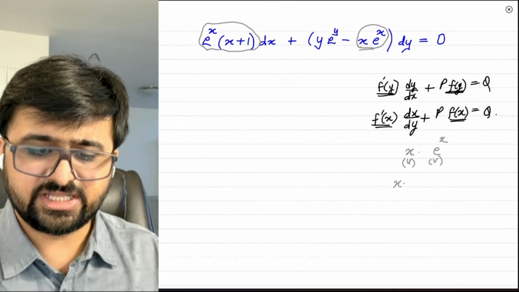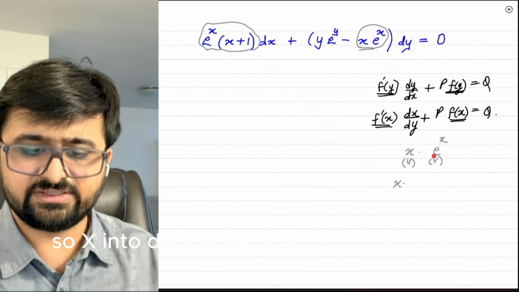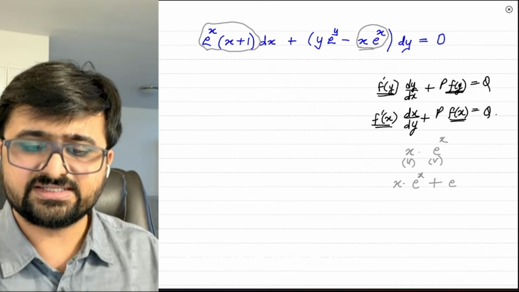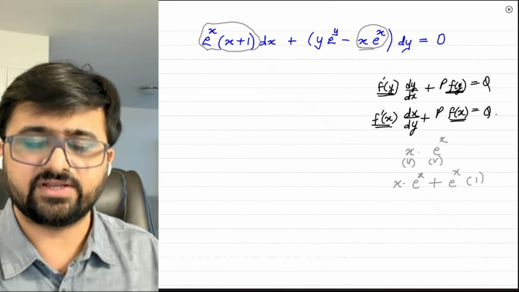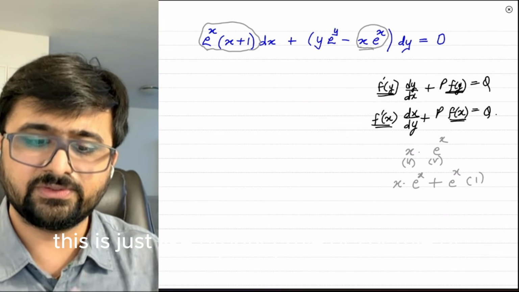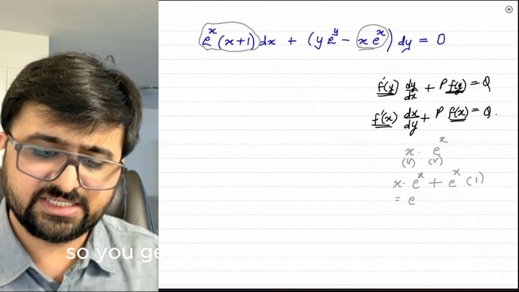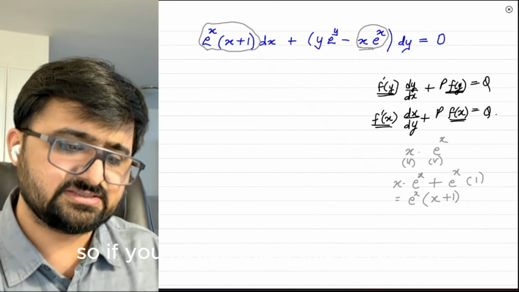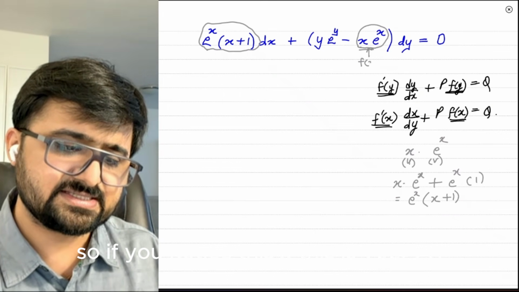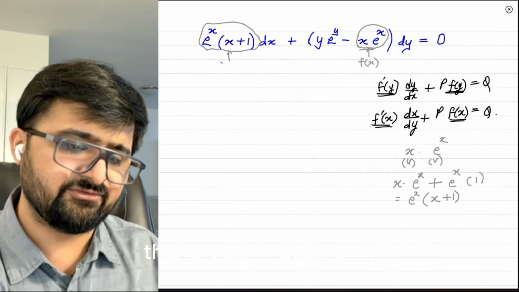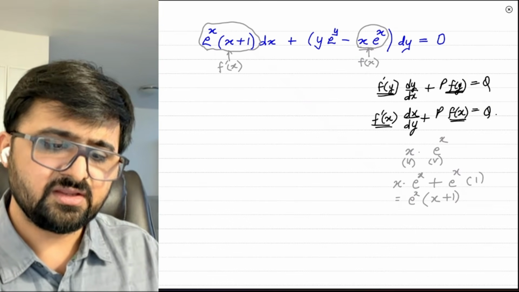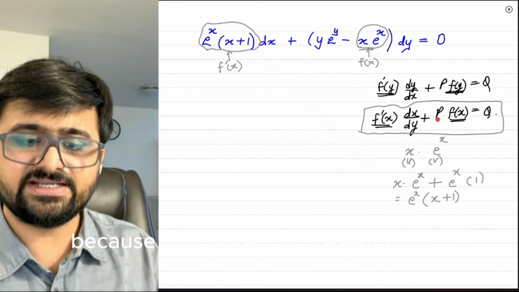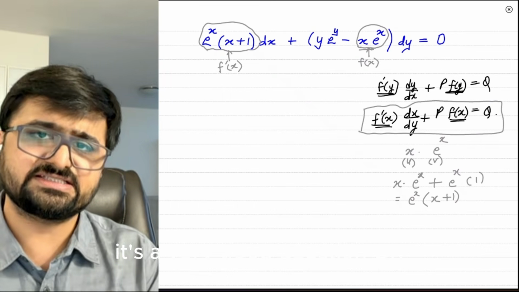So u times the derivative of v: x into the derivative of e raised to x, which is e raised to x, plus v times the derivative of u: e raised to x, derivative of x is 1. This is just like the uv rule of derivative. So you get e to the x common, x plus 1. So if this is your f x, this is your f dash of x. So it is of this type because you have f x present and f dash of x present. It's a very good question.